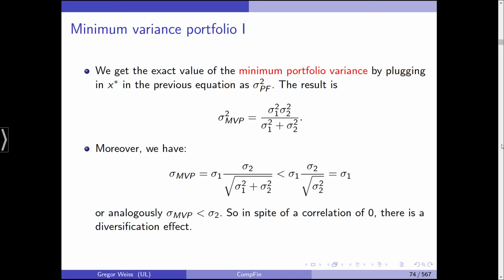This is given by sigma 1 times sigma 2 divided by the square root of sigma 1 squared plus sigma 2 squared, and this has to be smaller than sigma 1 times sigma 2 divided by just the square root of sigma 2 squared, and thus we can see this is equal to sigma 1, and we can do the same solving for sigma 2, meaning that even in spite of a correlation of 0, we might have a correlation effect, and the variance or volatility of the MVP is always smaller than the volatility of the two constituent stocks.